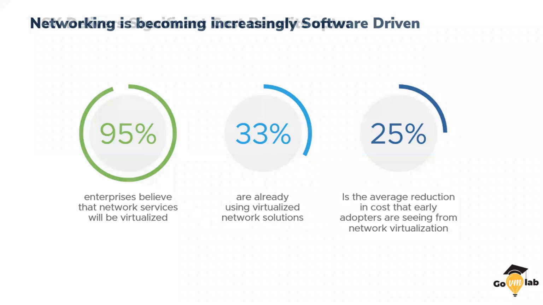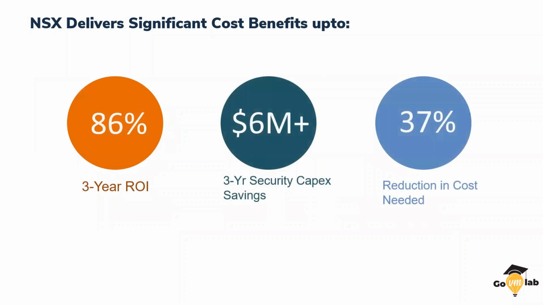What value does network virtualization bring? It gives us the same capital and operational benefits we witnessed with the adoption of server virtualization, because we are not dealing with physical hardware anymore.